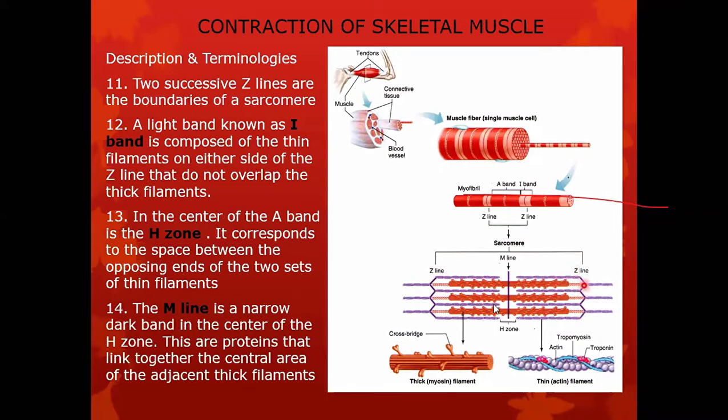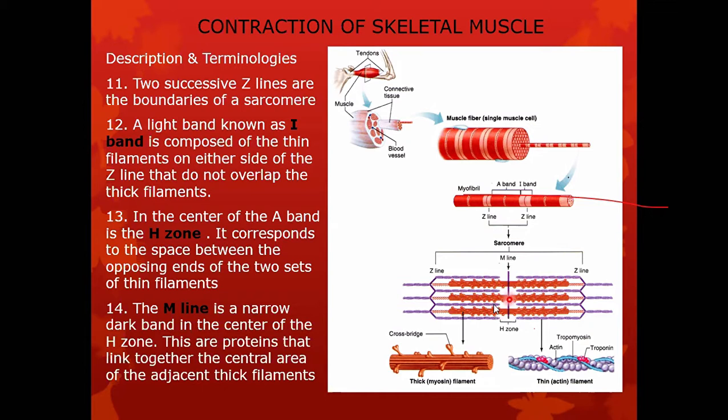These are the thin filaments where no thick filaments are located. So in the center of the sarcomere, at the termination of the thin filaments, that space will form the H zone. It corresponds to the space between the two opposing ends of the two sets of thin filaments.